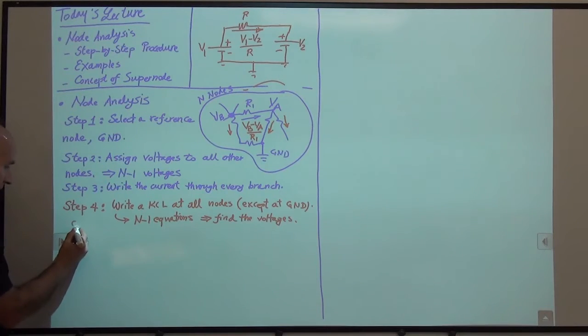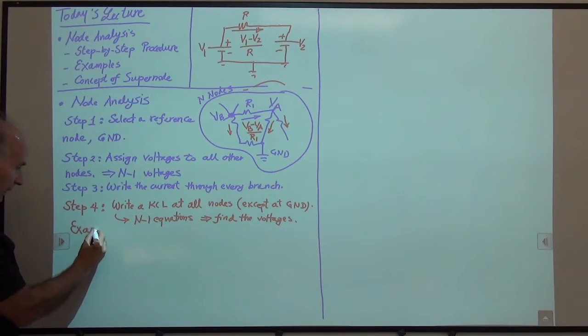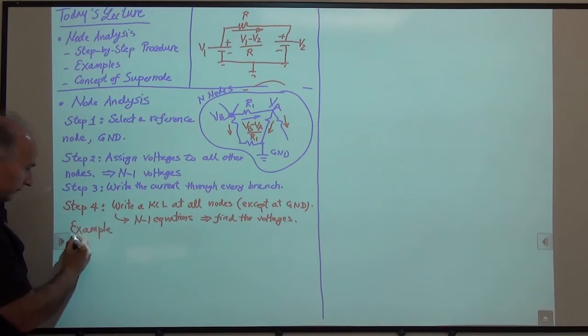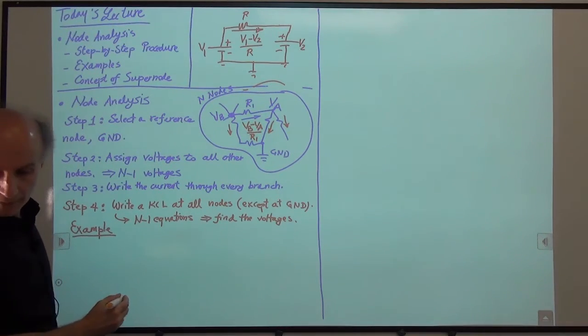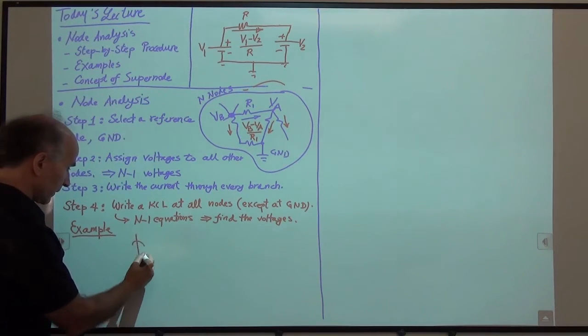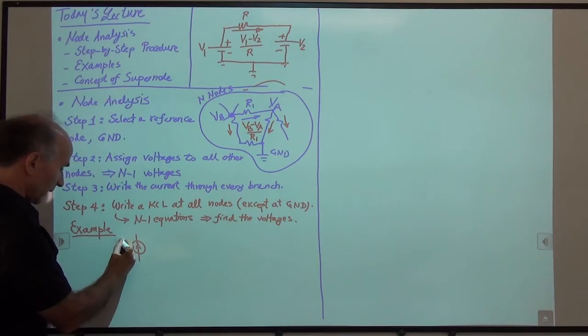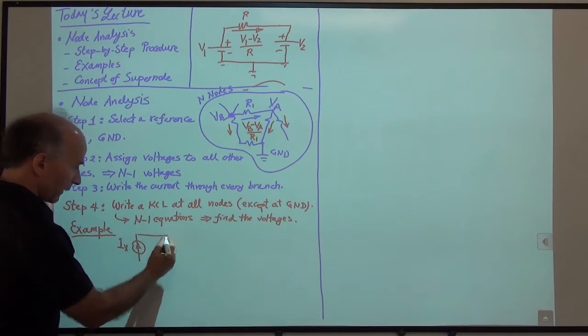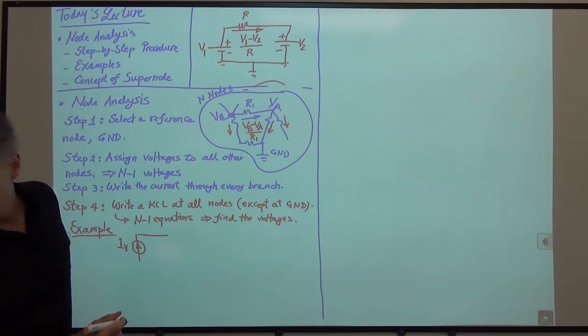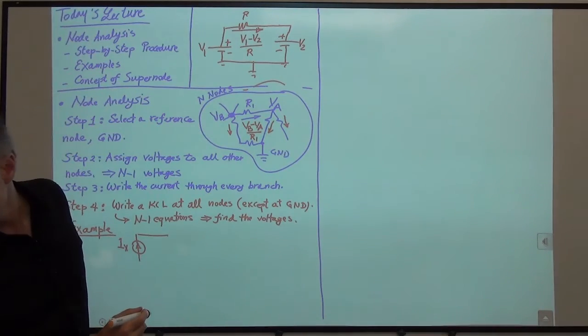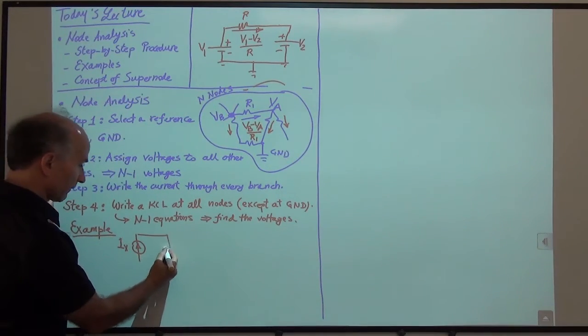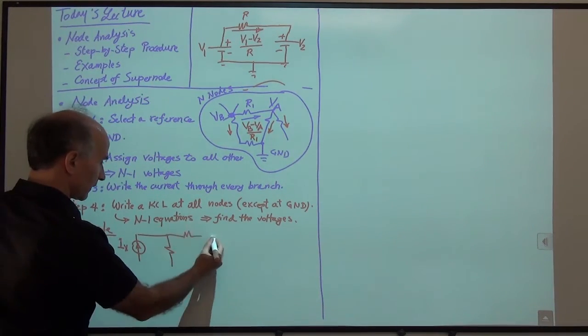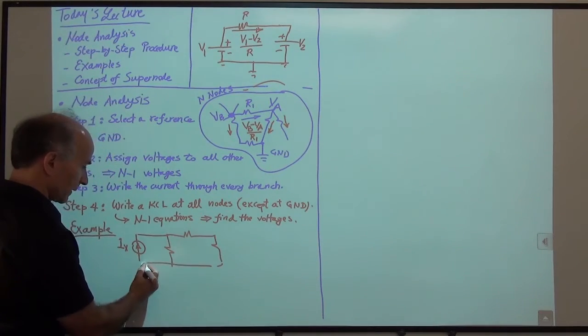So here's a simple example. Okay, so I have a current source, which I'll call Ix, and then I have three resistors here and here and here.